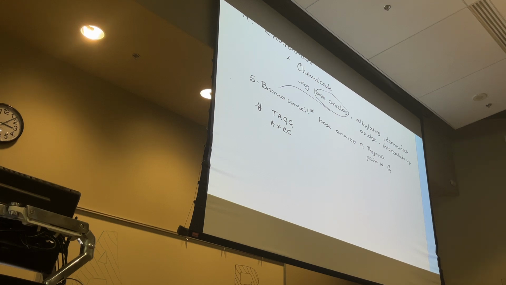It's a substitute for a T, which would pair with A. But it does complementary base pairing with G. So here's the way to think about this. Here is my mutation. Right, it happens, a chemical mutation.